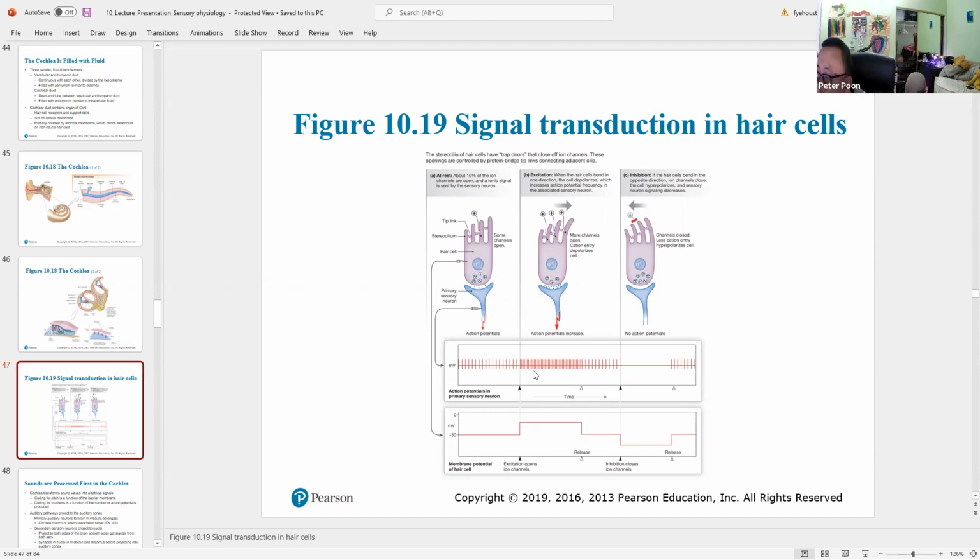When these hair cells vibrate, like when you hear a certain frequency, a certain cell will vibrate.